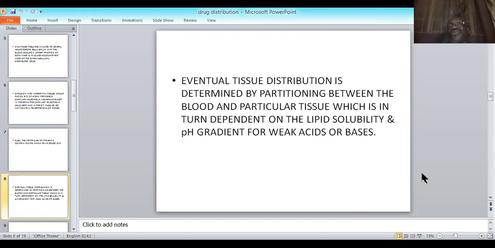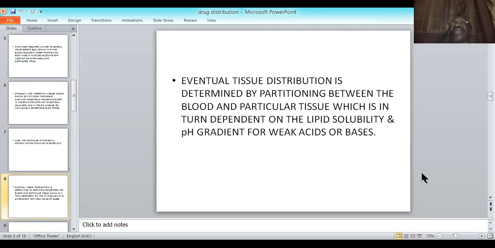Though that happens, what I'm now saying is that it happens to some extent, but it does not happen so much. We call that ion trapping. It does not happen so much, but it still happens.